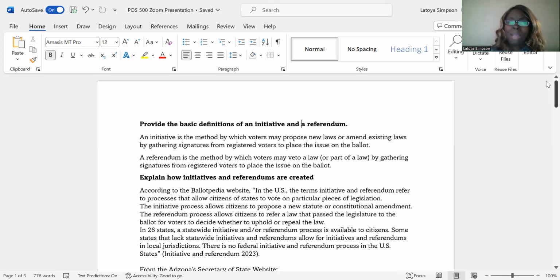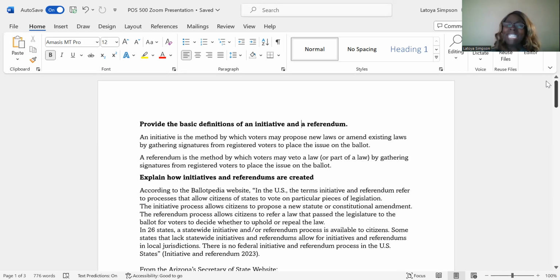The initiative process allows citizens to propose a new statute or constitutional amendment. The referendum process allows citizens to refer a law that passed the legislature to the ballot for voters to decide whether to uphold or repeal the law.